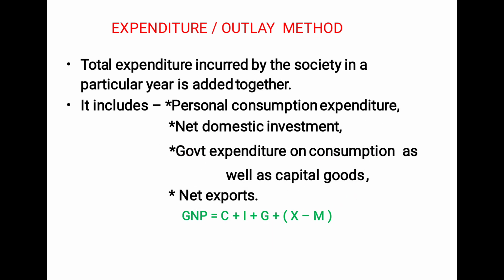GNP is equal to C plus I plus G plus X minus M. All of us know what is C. Previously we have seen consumption. I stands for investment, G stands for government expenditure, X stands for export and M stands for import. So what is the formula for expenditure method? GNP is equal to C plus I plus G plus X minus M.